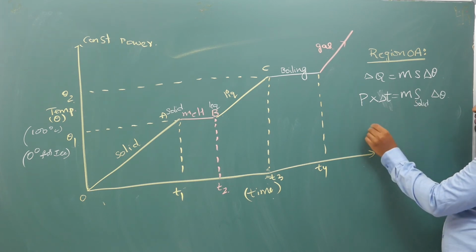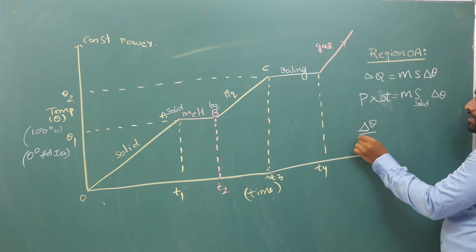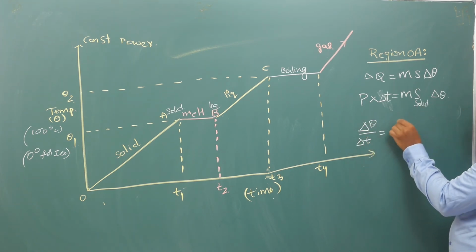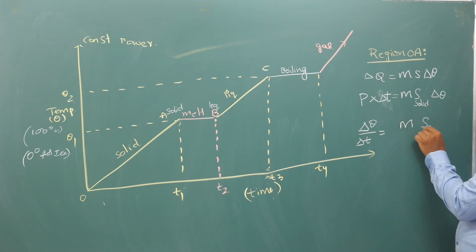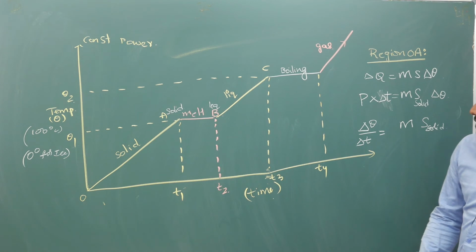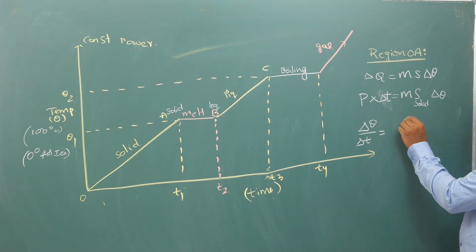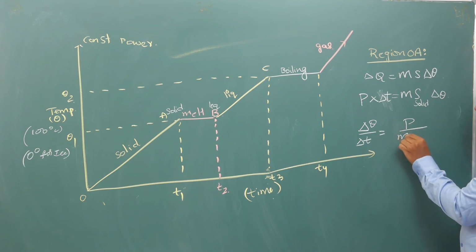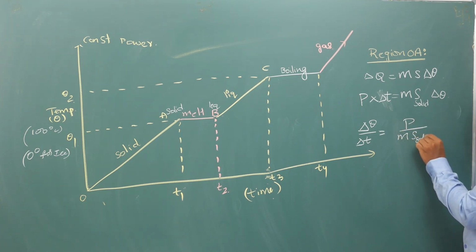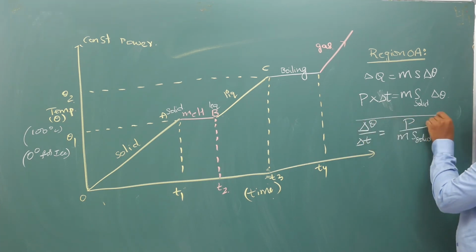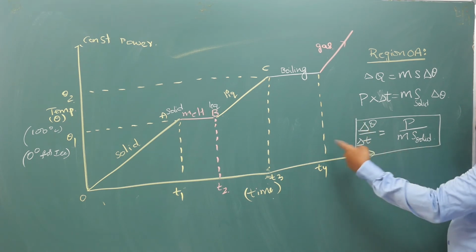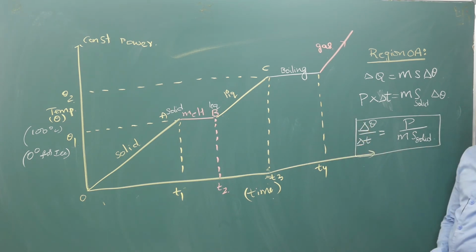So I should have written delta theta by delta T is P by mass times specific heat of solid. Depending upon values in the question and graph, you can use it and calculate it.